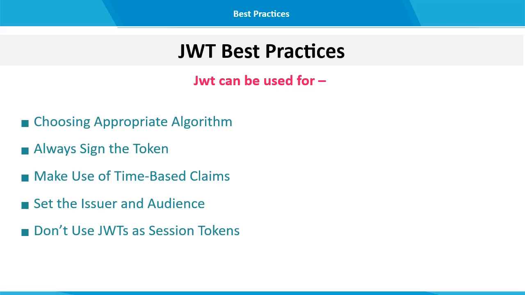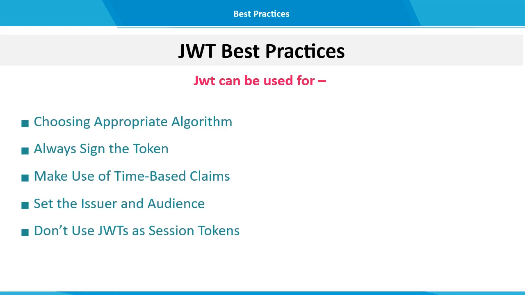Always sign the token. This is the second best practice. The JWT signature is a fundamental security feature that ensures data within the token has not been altered. So, we should always sign a token. The third best practice is to make use of time-based claims.